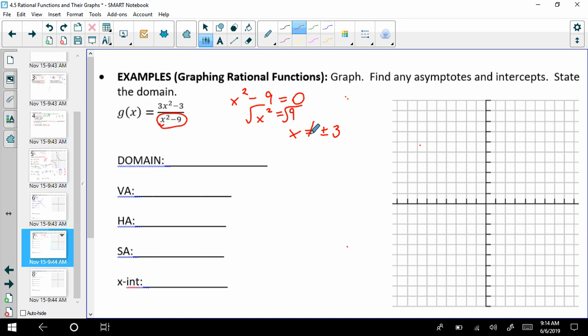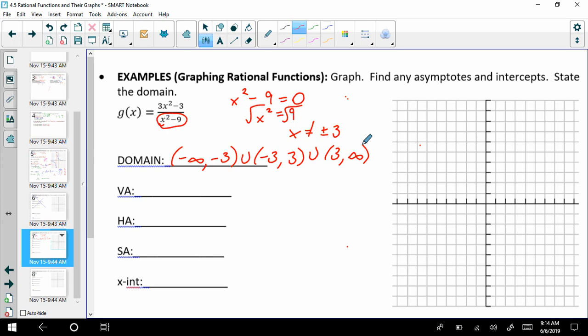I don't want 3 and I don't want -3. So when I write my domain, the first number of those I would run into is the -3, or -3 to 3, or 3 to infinity. Right? We're just working our way up on the number line.